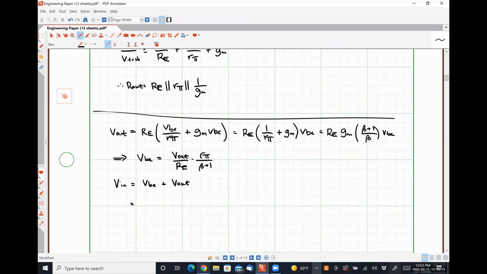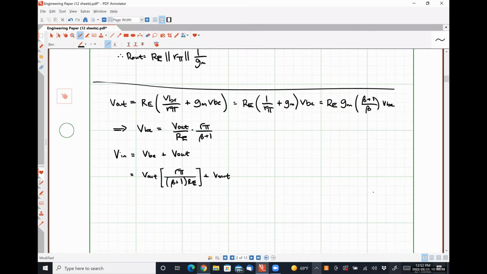Which is going to look like V out times R pi over beta plus 1 RE plus V out, which is the same as V out times 1 plus R pi over beta plus 1 RE.